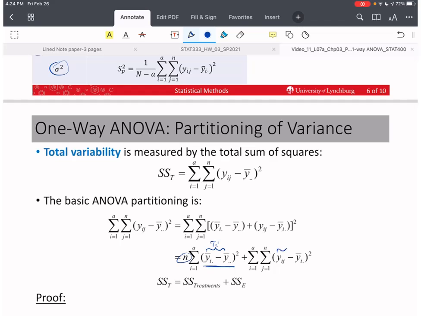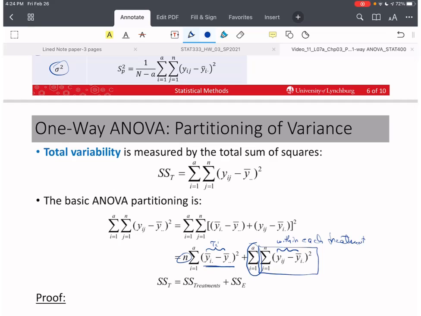And then this is within each treatment. So the sum of squares of difference within each treatment. And so that's what this part is. And then we're summing each of those. That's what we're doing with the i.